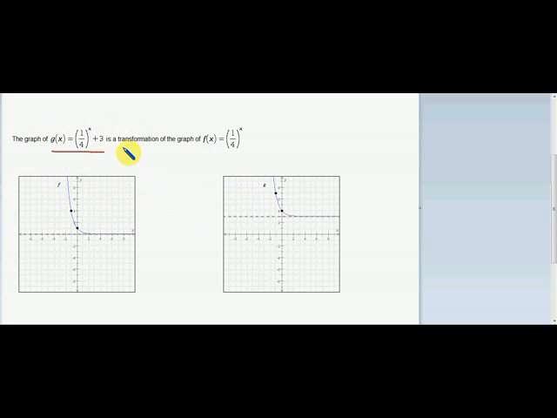This is the equation given to us, and it looks very similar to this function. The only difference is the plus 3. As you can see here, this is a graph for that.